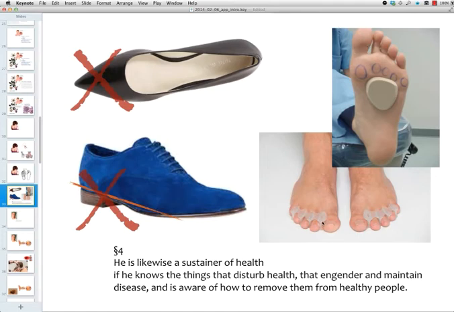So we add some toe spacers to provide a more normal positioning of the toes and the metatarsals in gait. We also engage them in some exercises for the feet. They can't wear pointed shoes. They can't wear raised heels. They need to wear either bare feet or good footwear, and we help them find effective footwear.